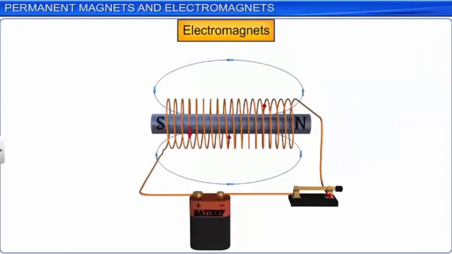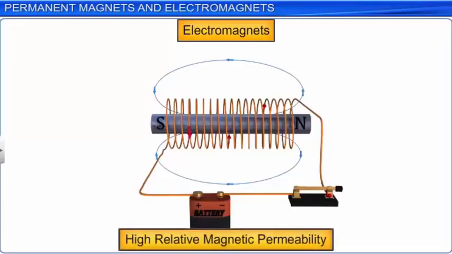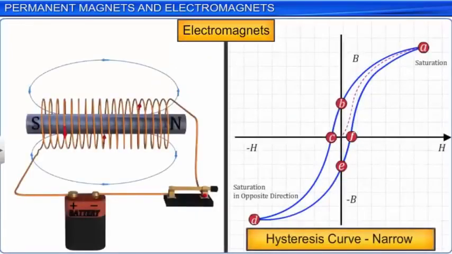Now let's discuss the making of electromagnets. The materials used in electromagnets should have high magnetic relative permeability and low retentivity. However, the hysteresis loop for this type of material is narrow.